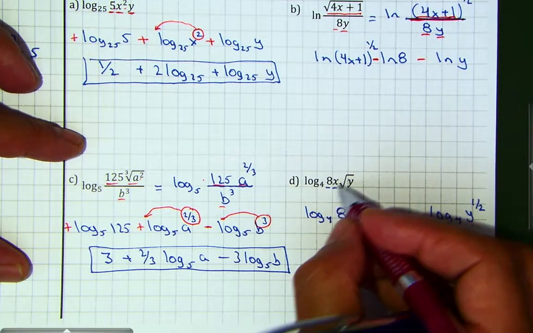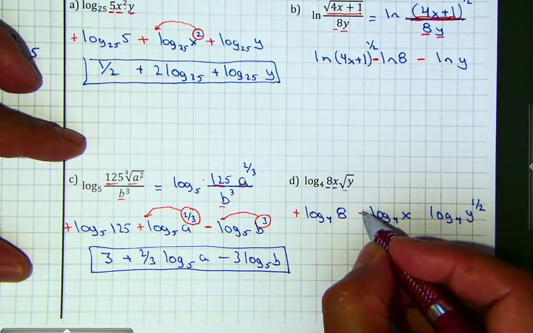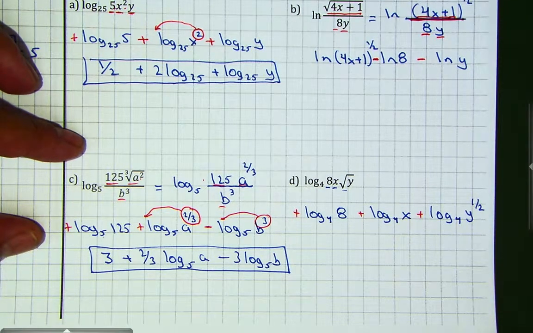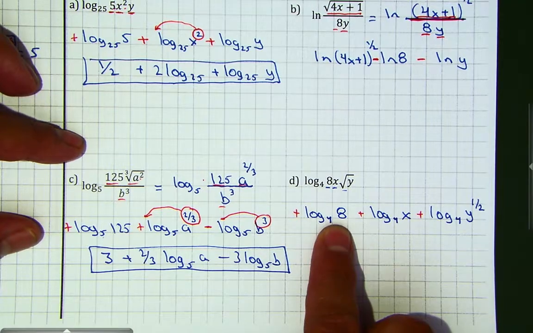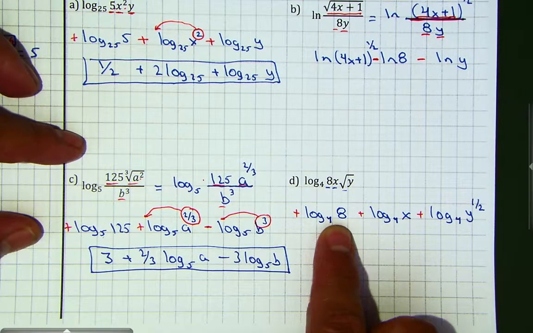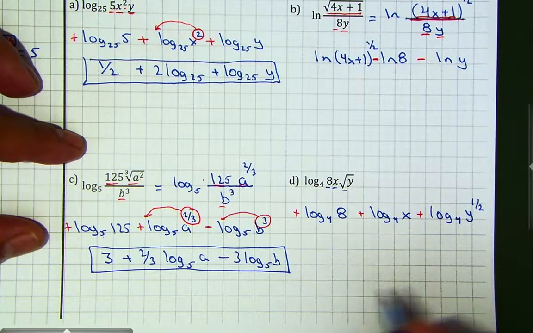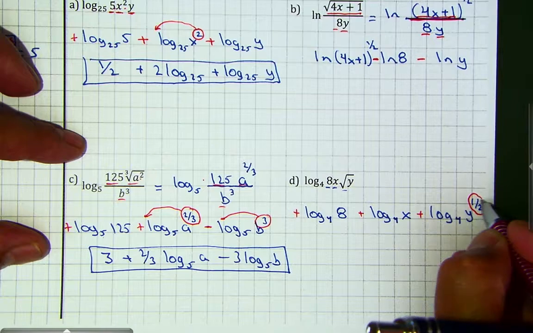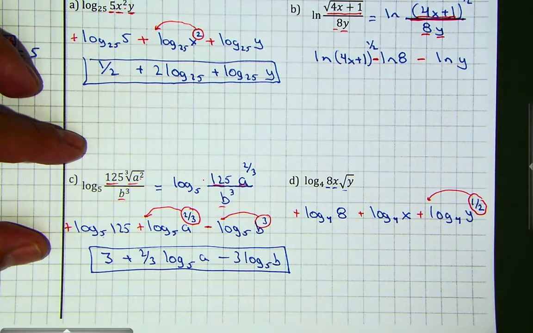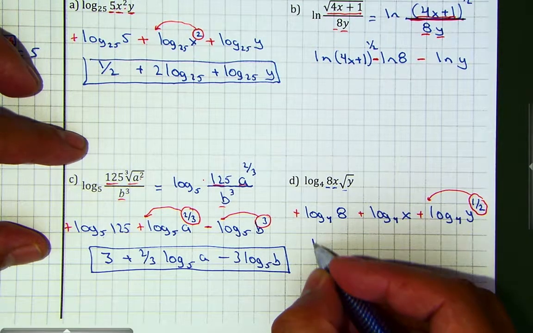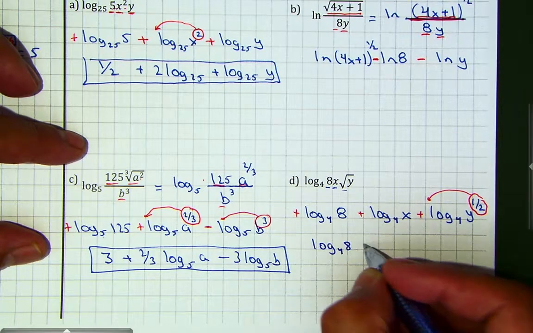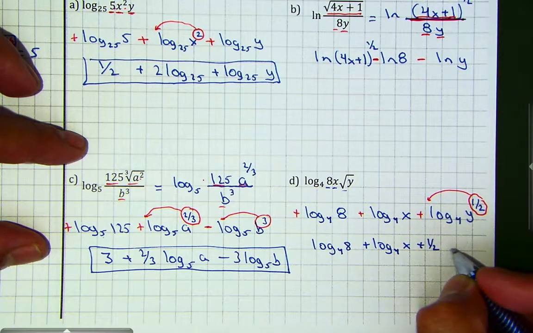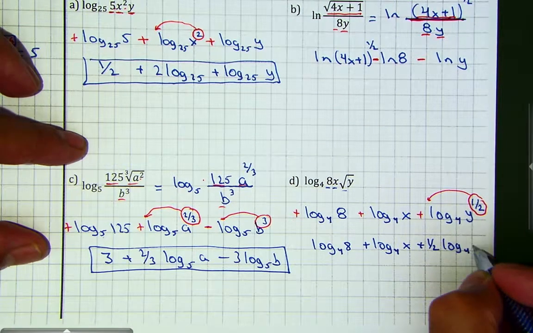And they all are multiplying, they're all on the numerator, so they'll all get a positive. Can I rewrite this? Well, we can estimate it, we can, but we're going to leave it as that. Move the 1/2 as a coefficient, so it gives me the log base 4 of 8 plus the log base 4 of x plus 1/2 log base 4 of y.